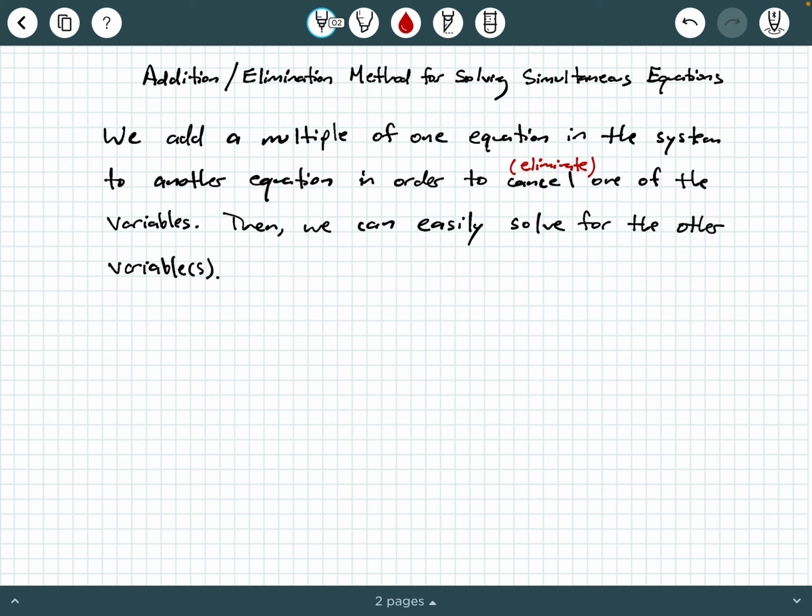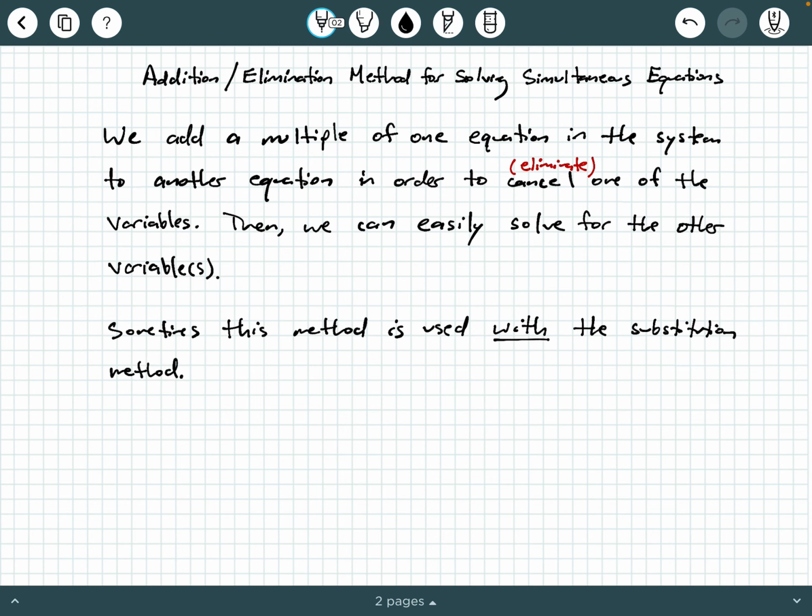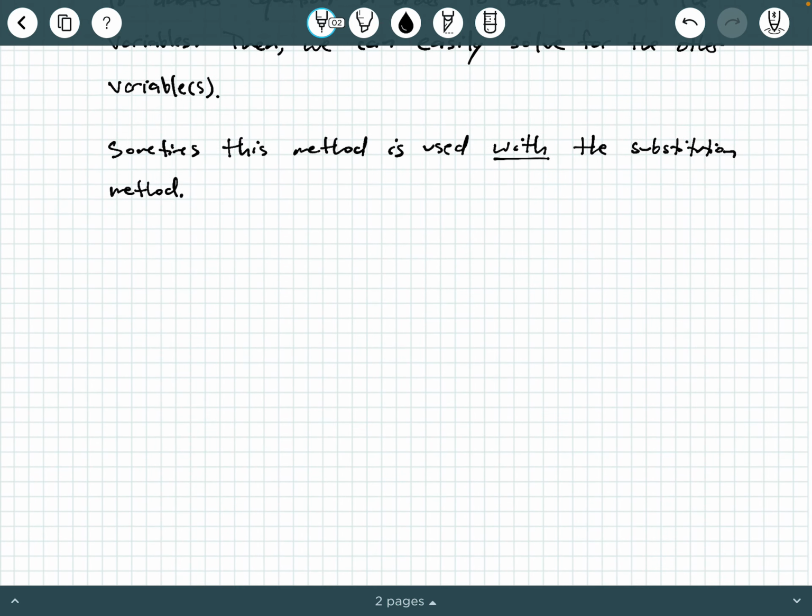Another interesting thing is that sometimes this method is used with the substitution method, so you can combine some steps from the addition method with substitution. Let's jump right into a quick first example.